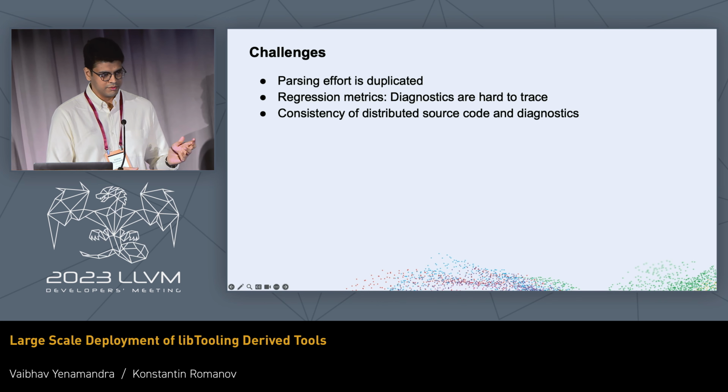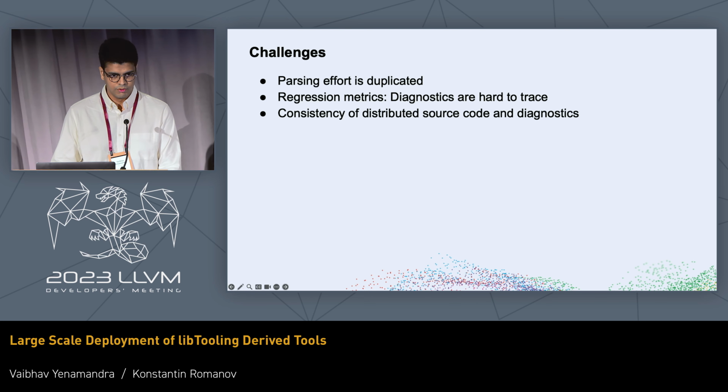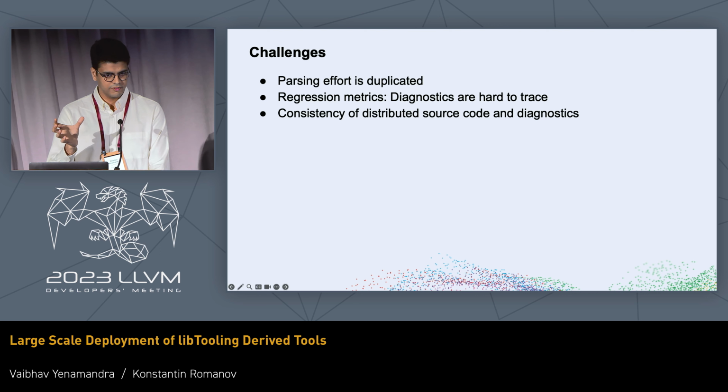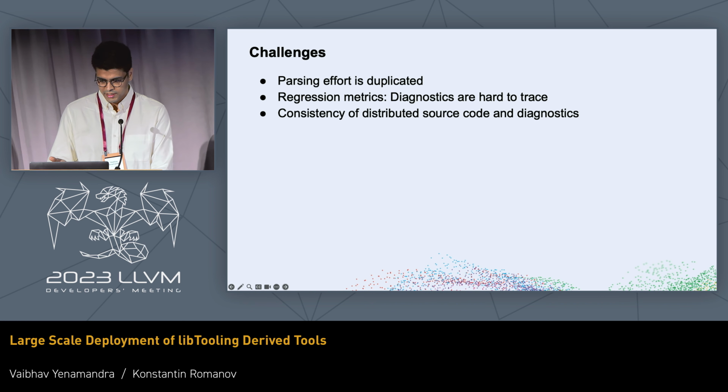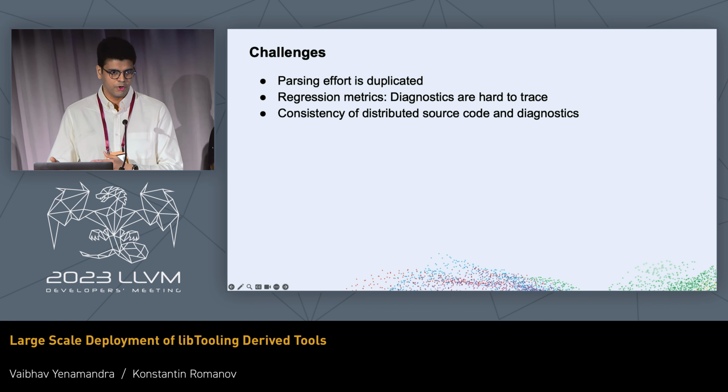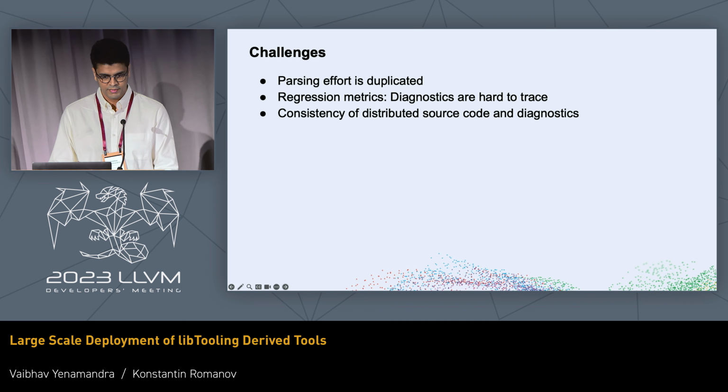So most heuristics become either you need to come up with your own custom hashing that considers the source range of an error along with the source code that it's targeting, and then use this to match up, or you need to settle for the fact that regression metrics will be approximate if you don't have anything like this.